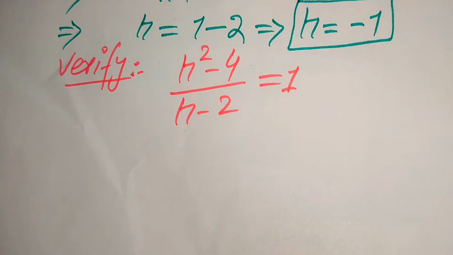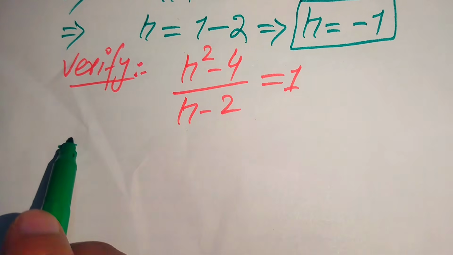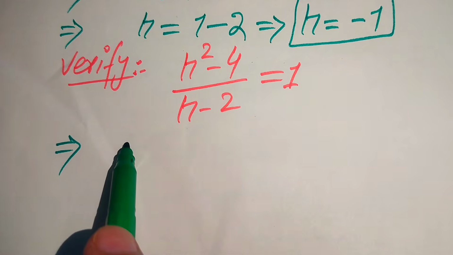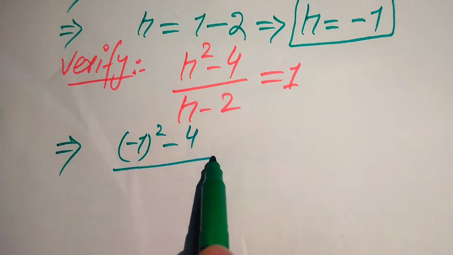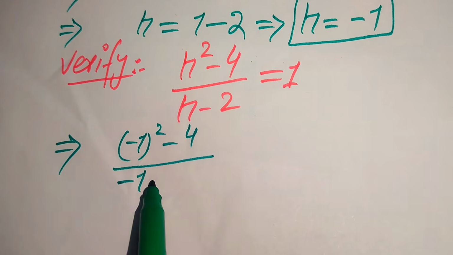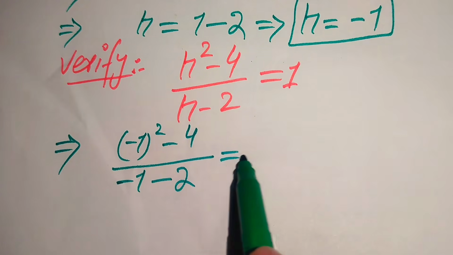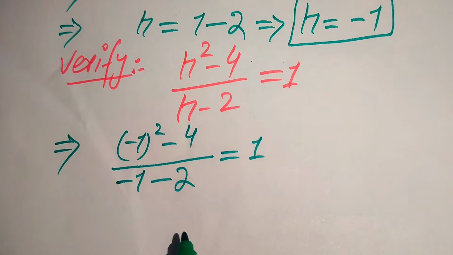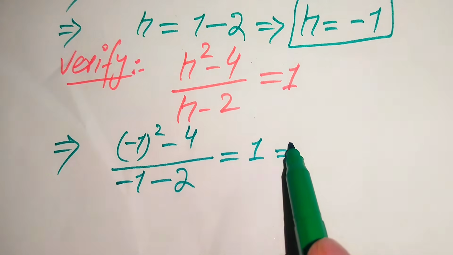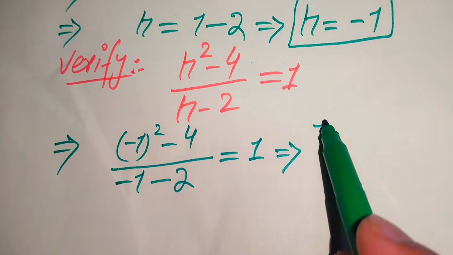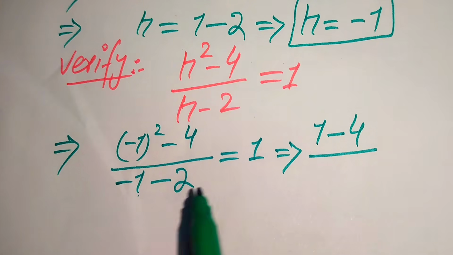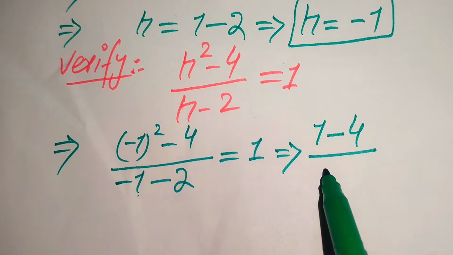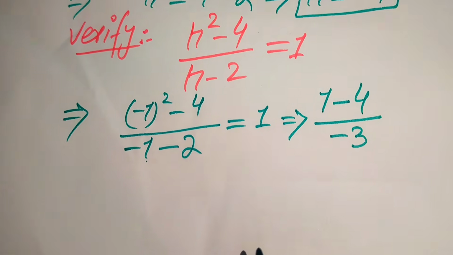So here we substitute the value of h equal to −1 into the left hand side, and it will be written in this form. This is h², and the value of h is −1, squared, minus 4, divided by h − 2. The value of h is −1, so −1 − 2 is equal to −3. This implies that (−1)² becomes +1, minus 4, divided by −1 − 2, which becomes −3.